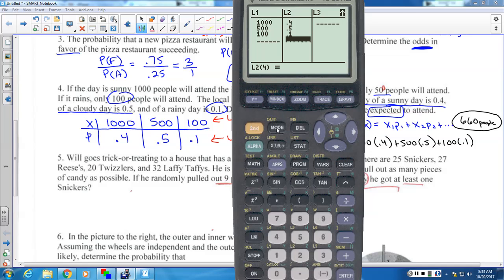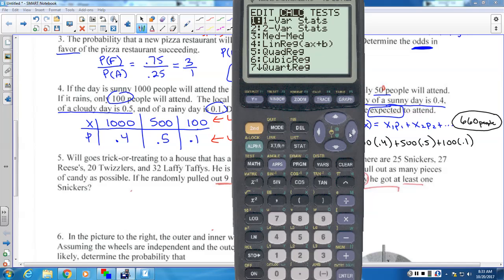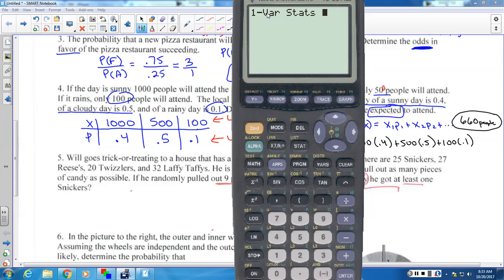I'll hit second quit. I'll go to stat, calculate. Choice number 1 is 1-Var Stats. I've got the old school calculator, so I have to type in L1, comma, L2, enter. And the very top choice is X bar. So again, I get 660 people.